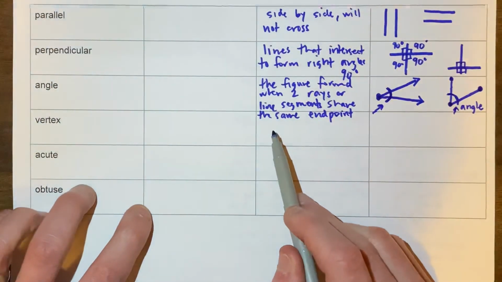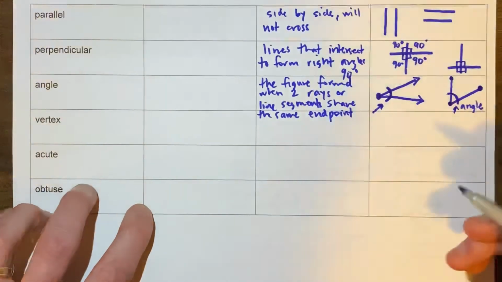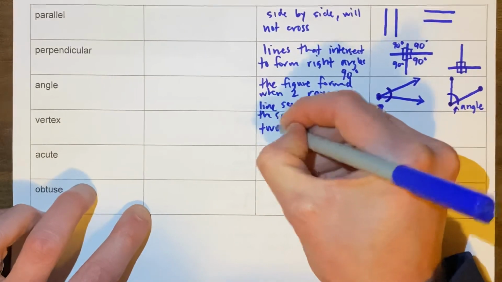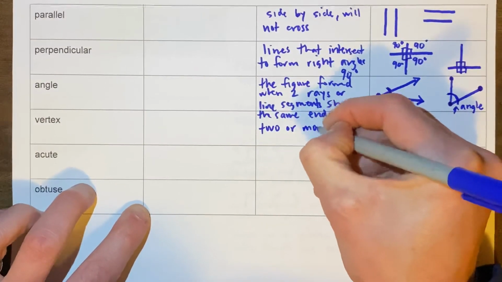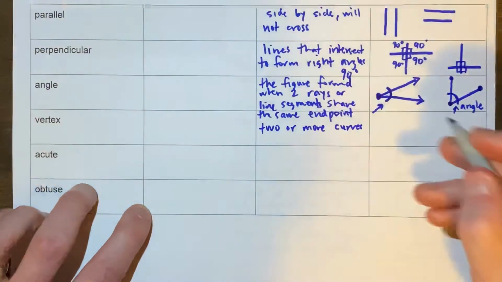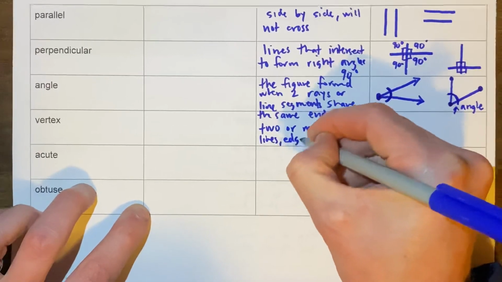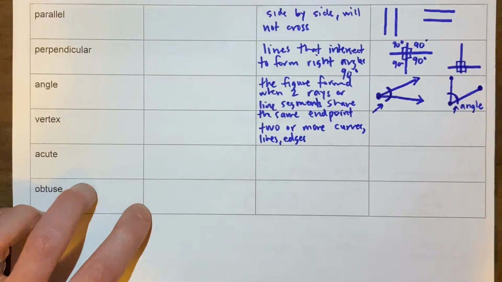Now, a vertex builds upon an angle. And a vertex is two or more curves, lines, or edges that meet.